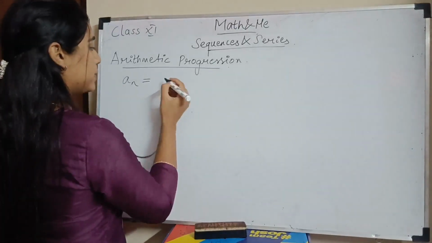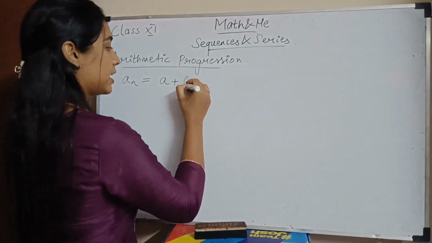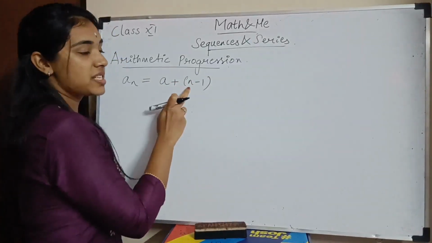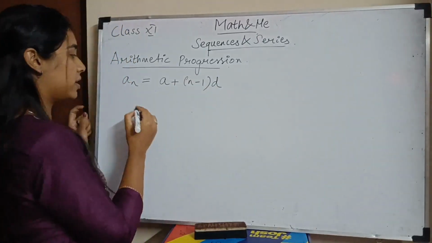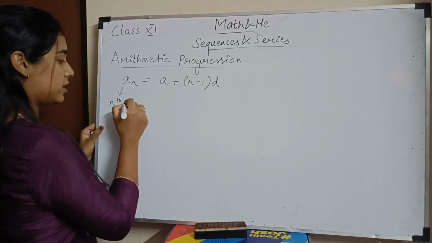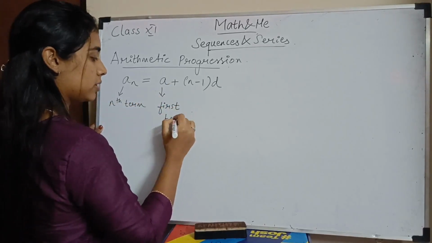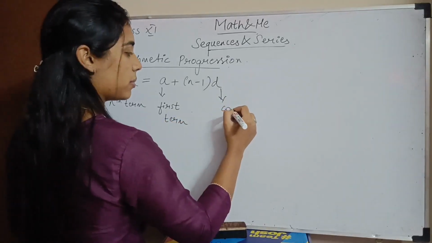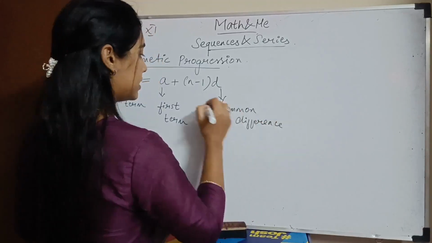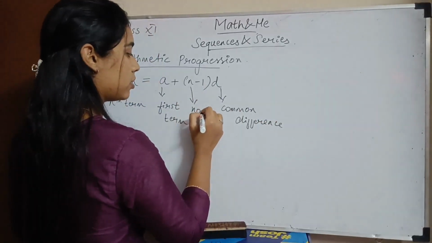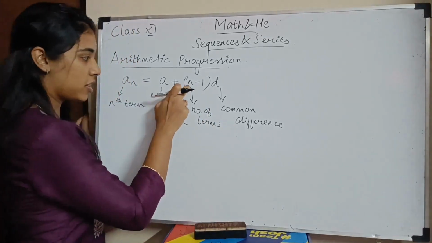Nth term equals A plus n minus 1 into d. A is the first term, n is the number of terms, and d is the common difference. Clear? Don't get confused between the number of terms and the nth term.